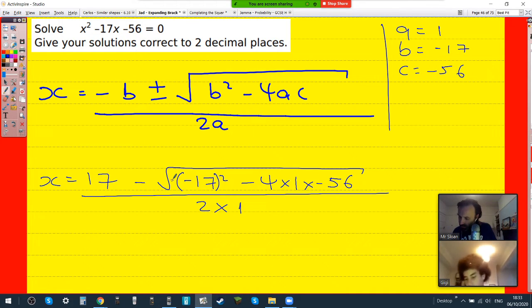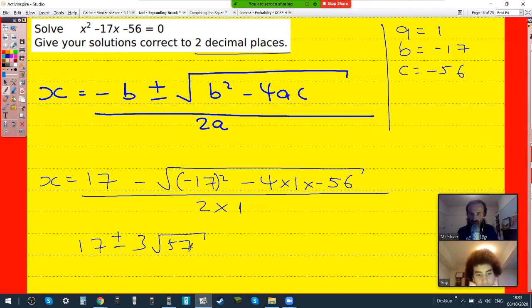Okay, I got 17 minus 3 root 57 over 2, which means the other one would be minus 17 minus 3 root 57 over 2. And was it minus 17 or plus 17?